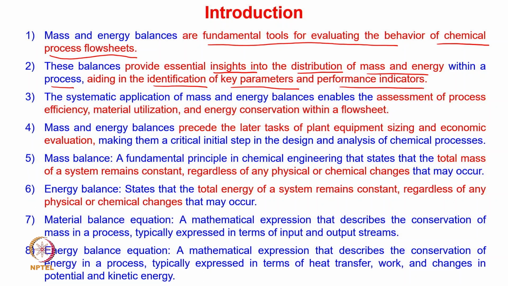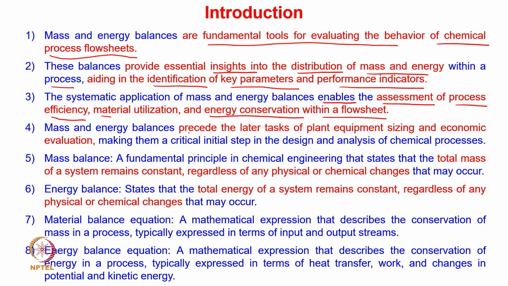Then the systematic application of mass and energy balance also enables the assessment of the process efficiency. It also gives the information about the material utilization and the energy conservation within the flow sheet. These are important information when we are looking at the profitability of the given process flow sheet.